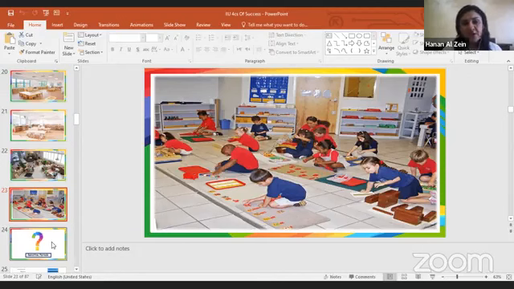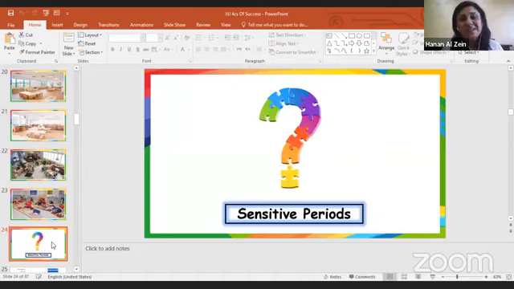But before going on, I would like to highlight one more point, please, which is called the sensitive period. According to Montessori, we build the child of the future during the early years of childhood in what we call sensitive periods. These sensitive periods are periods in the children's lives that come for one moment, but they last forever.